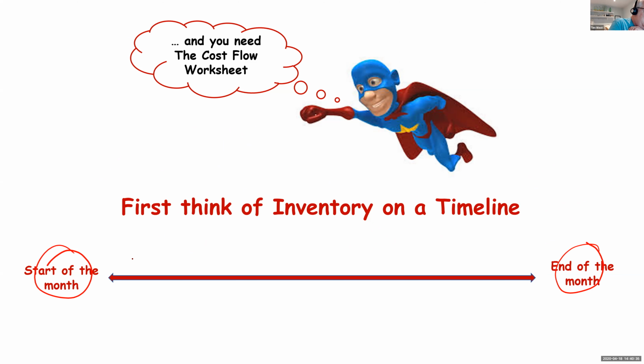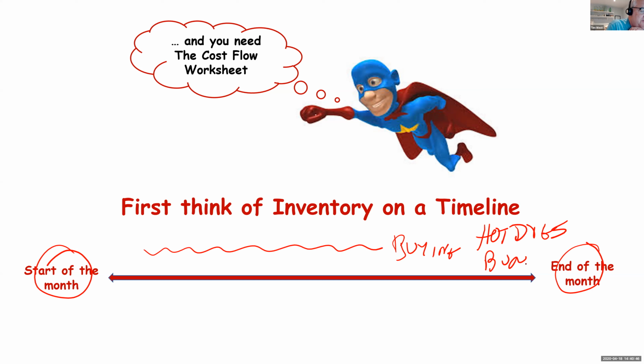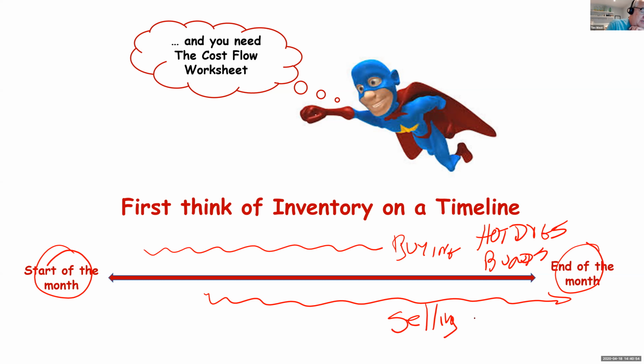And throughout this period, we're probably buying hot dogs and buns. But also throughout the period, we're selling hot dogs and buns. So at the end of the period, we need to think about, will there be a match between what I bought and what I used?